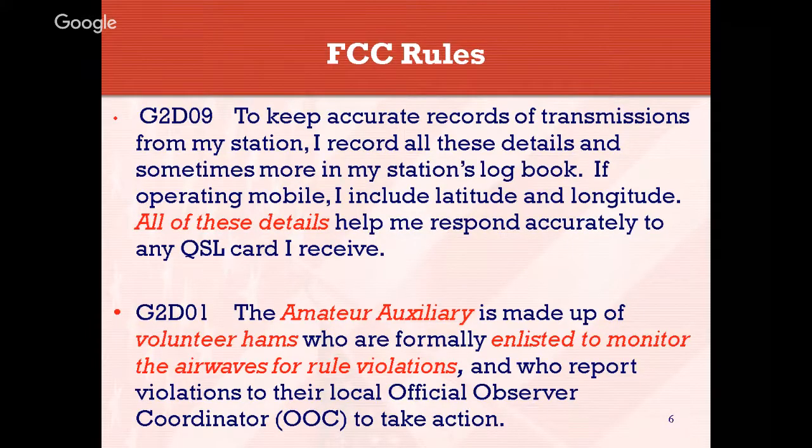You've notated the name of the person in your shack operating with you, and the frequency and time you were on. Somebody may have reported that person wasn't a licensed ham and the control operator wasn't available. If you notate that information and have it available for the FCC, it's covered.